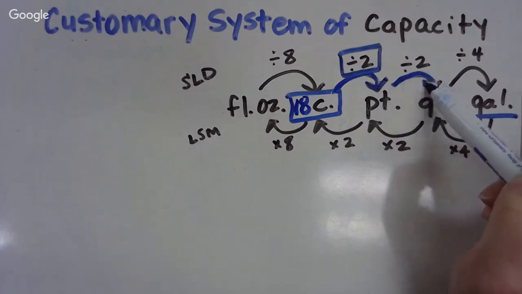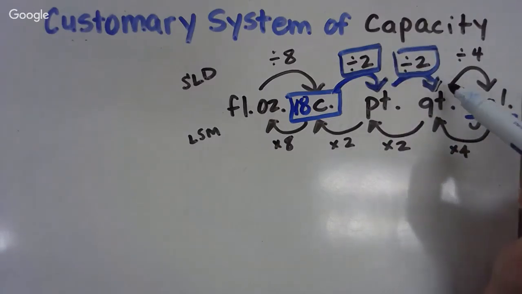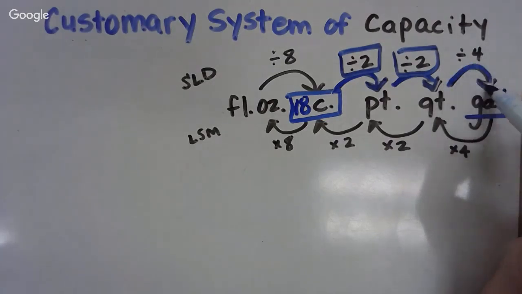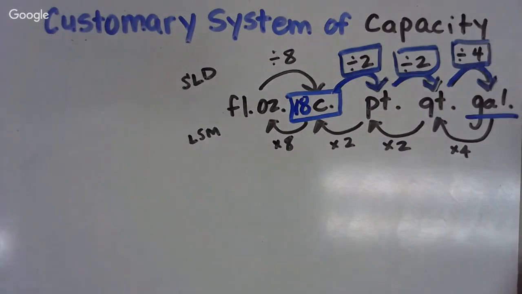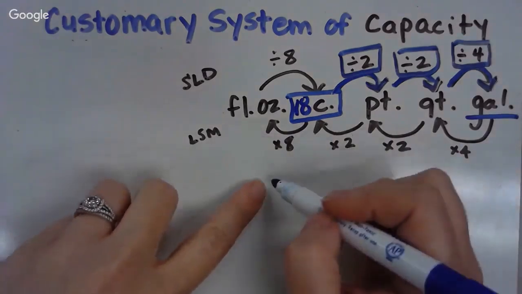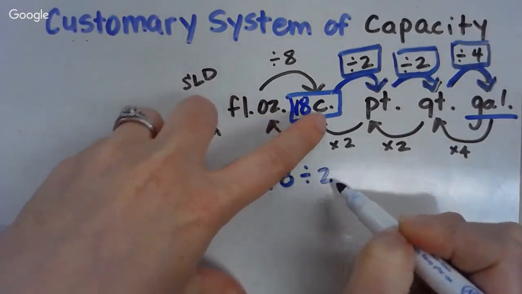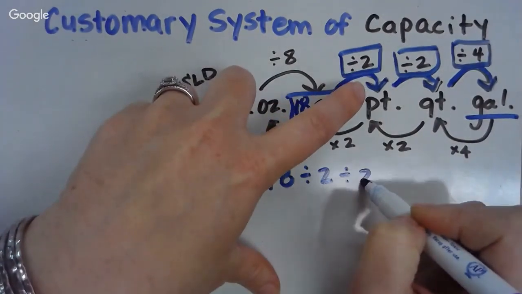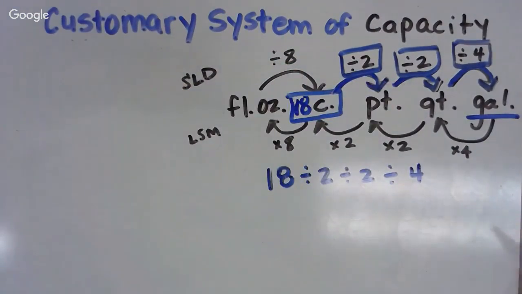I'm going to need to then divide by 2 in order to find out how many quarts I have. And then the last thing I'll have to do is divide by 4. So as I build my numerical expression for this conversion, I'm actually going to have to take my 18, divide that by 2, divide that by 2, and divide that by 4 in order to find out how many gallons we have in 18 cups.